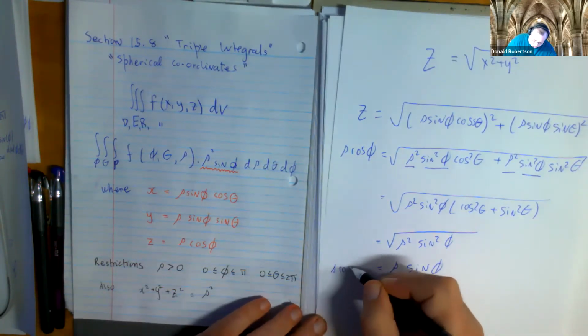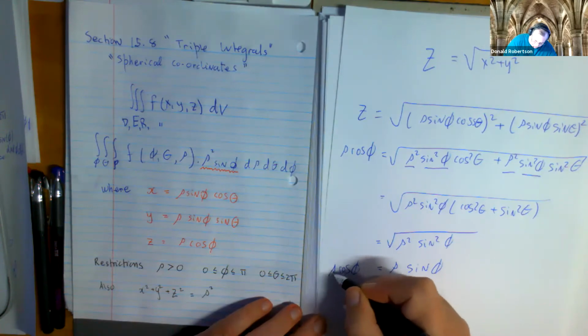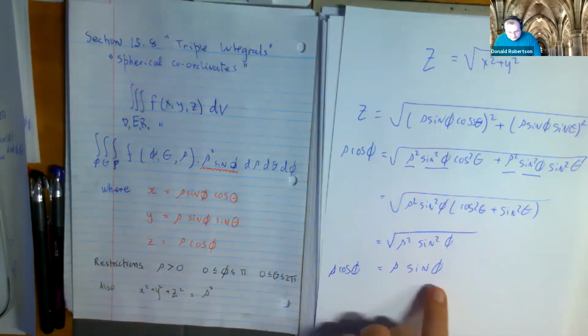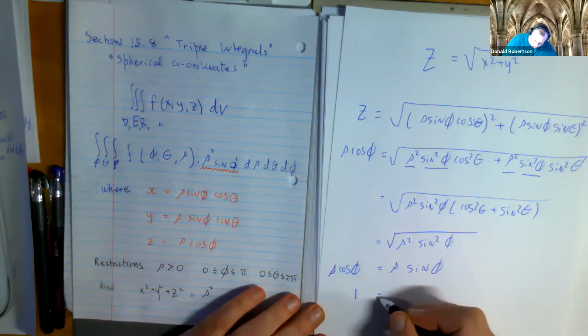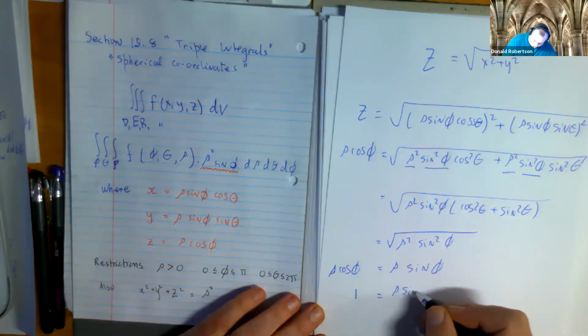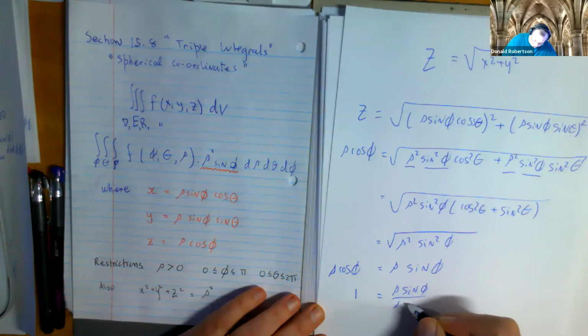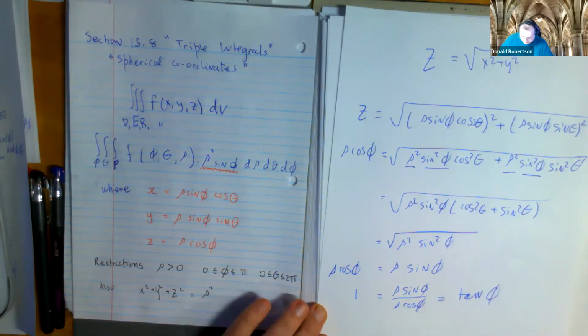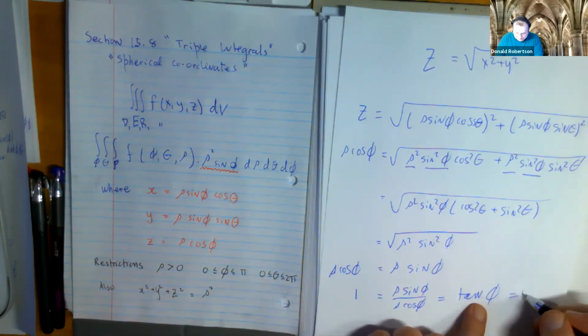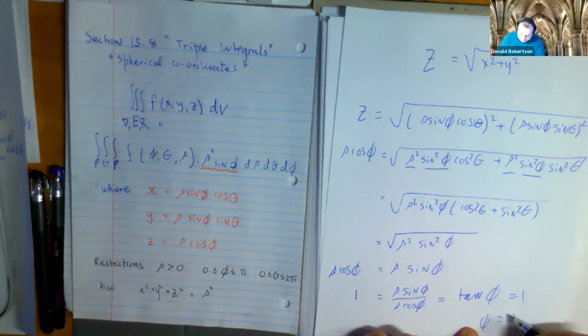So we now have this relationship. If you divide both sides by rho cosine phi, you get 1 is equal to this fella. 1 is equal to the tan of phi. When is tan of phi equal 1?